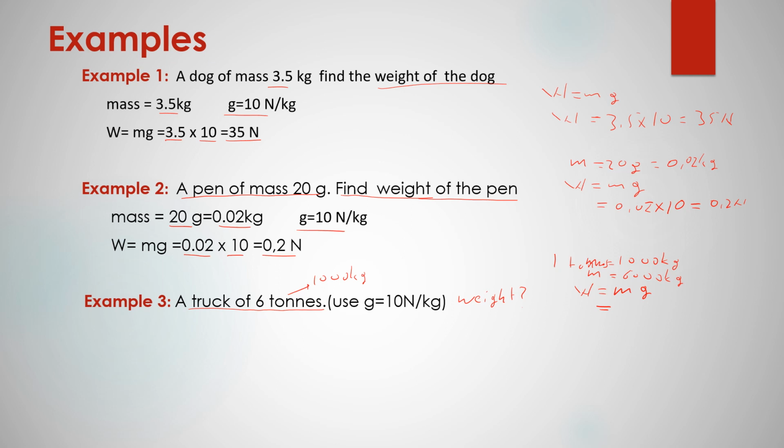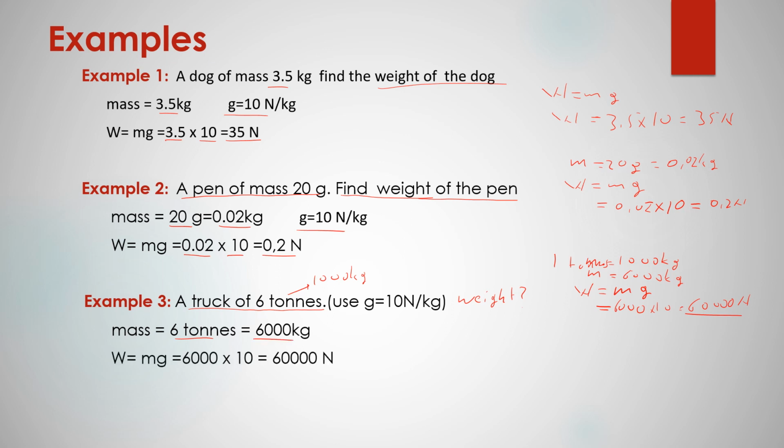So 6000 multiplied by 10 is equal to 60,000 Newton. Let's see the answer: 6 ton mass is equal to 6000 kilogram. Using the formula mg, 6000 kilogram multiplied by 10, so 60,000 Newton is the weight of the truck.